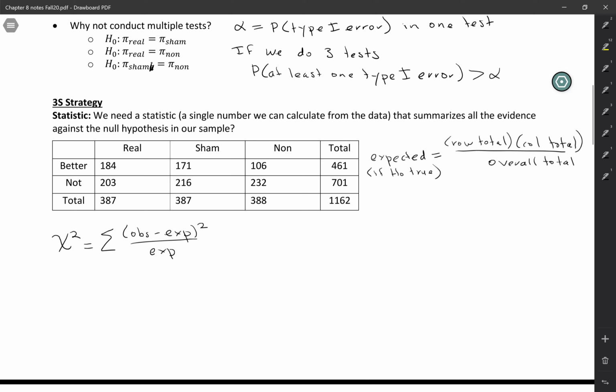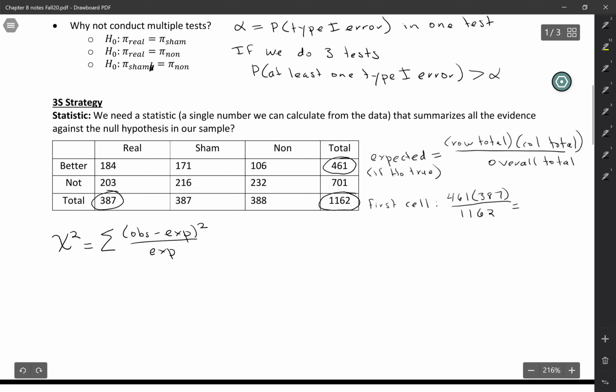I won't calculate each of these by hand, but let me show you how to do it for the first cell, just to remind you. We take the row total times the column total divided by the overall total, and that's going to give us the expected count for this first cell. So we do 461 times 387 divided by 1162, and we get the expected count in that cell, which is 153.5.